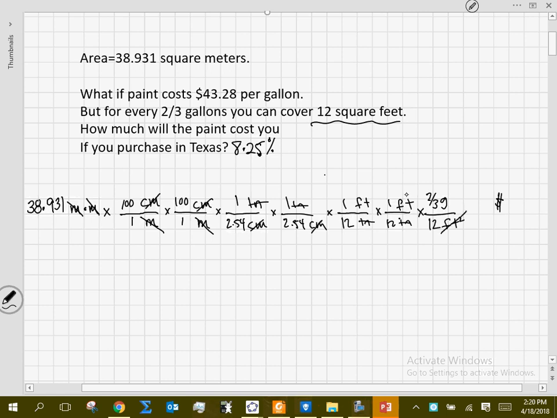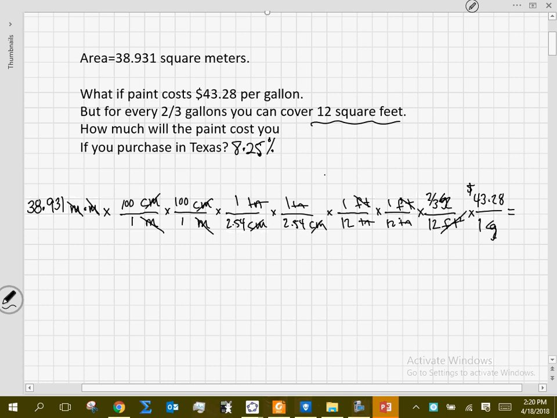We can cancel those. And now what's nice about that is that every 1 gallon costs $43.28, right? And now the G's cancel out, and the only units I'd be left with are dollars. So I multiply all those numerators, multiply all those denominators, divide them out, and now I have how much money it cost me pre-tax.